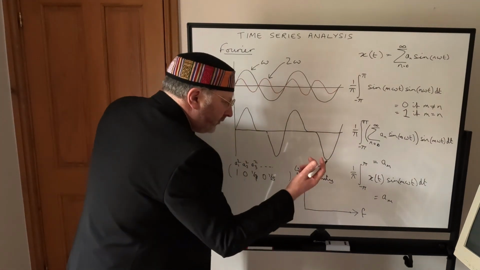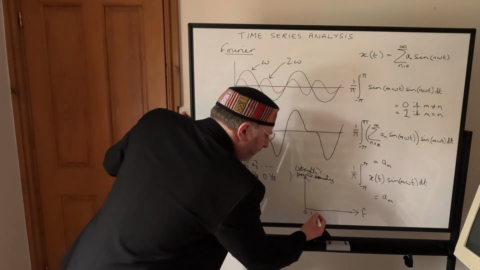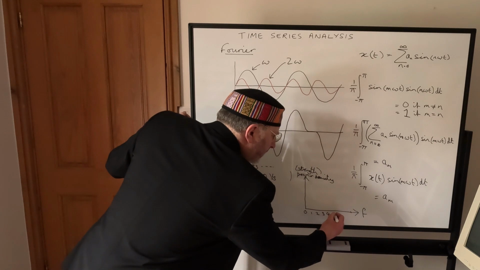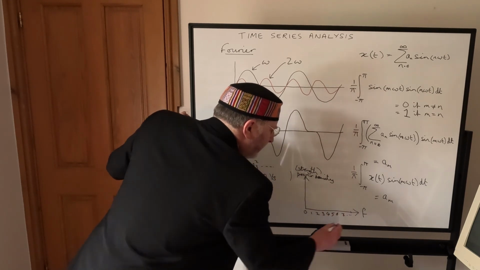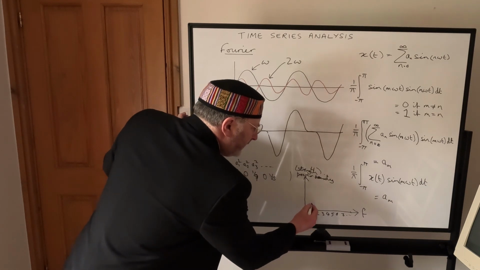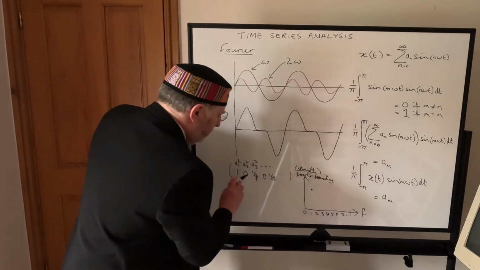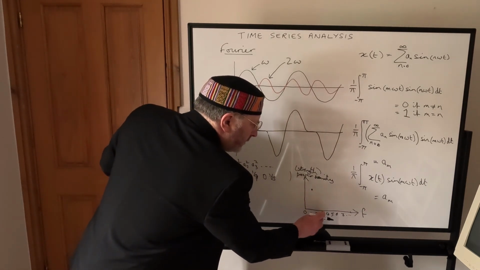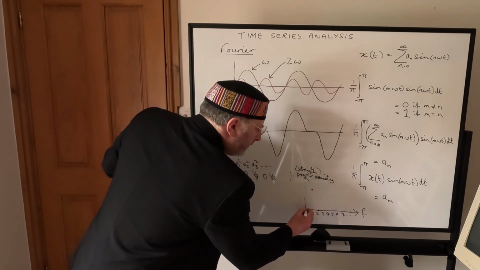So for our square wave, if we put the frequencies along here, 1, 2, 3, 4, 5, etc., we found that at 1 the amplitude is 1, so 1 squared is 1, at 2 it's 0, and at 4 it's 0.